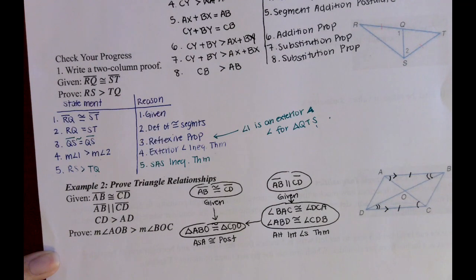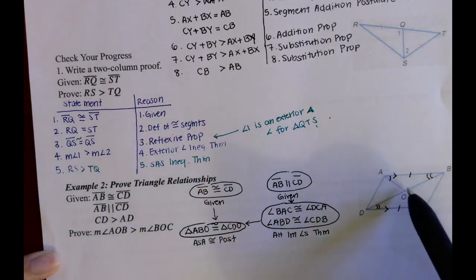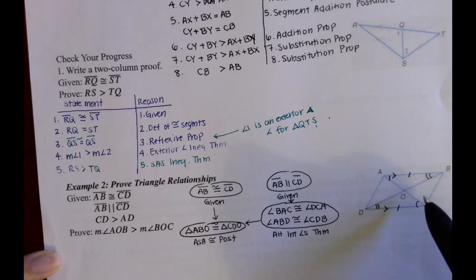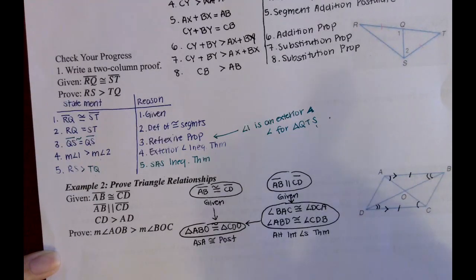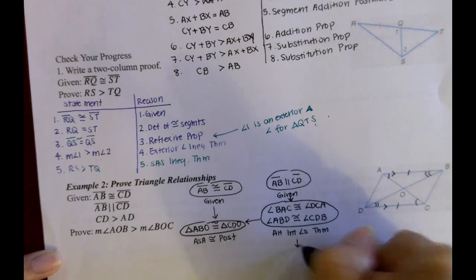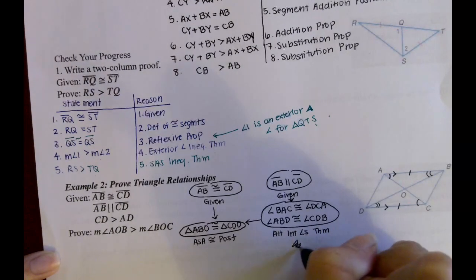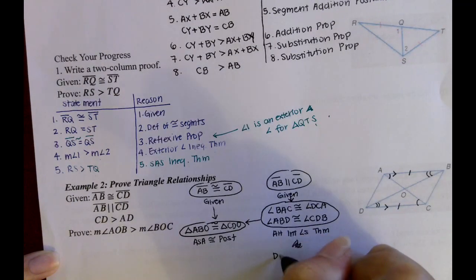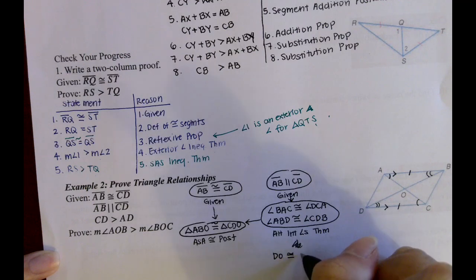what we're gonna do is, since we want to prove that angle AOB, this one here, is bigger than angle BOC, we're gonna talk about DO. So DO is, there's no arrow, there's nothing that's going to that. So DO is congruent to DO.